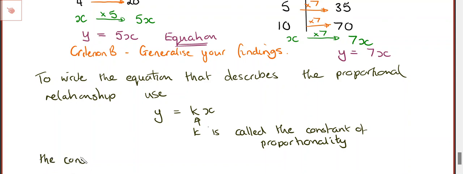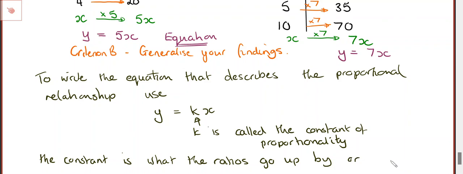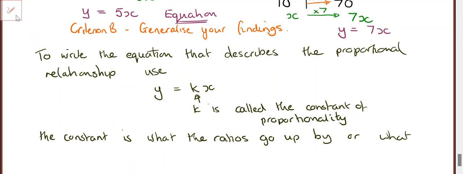The constant is what the ratios go up by, or what you multiply x by to get y. Okay.